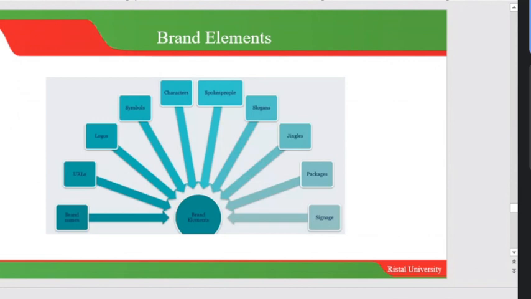So when we have the different elements of branding, we're looking at the brand name. What is your brand name? And when you're talking about the brand name, you should be able to put a name that is relevant to a certain target group.